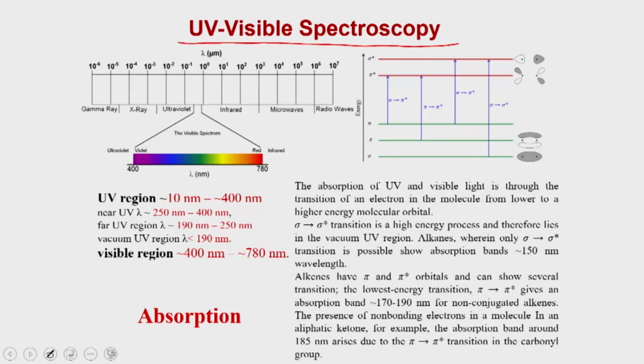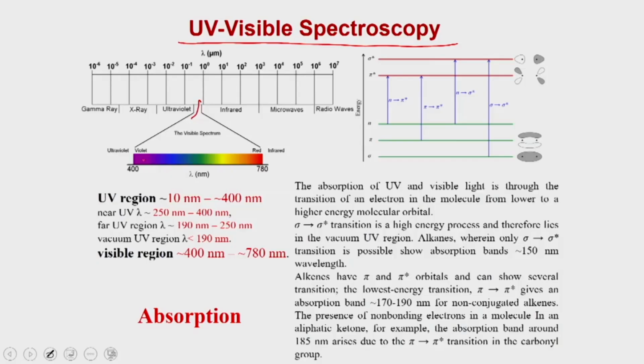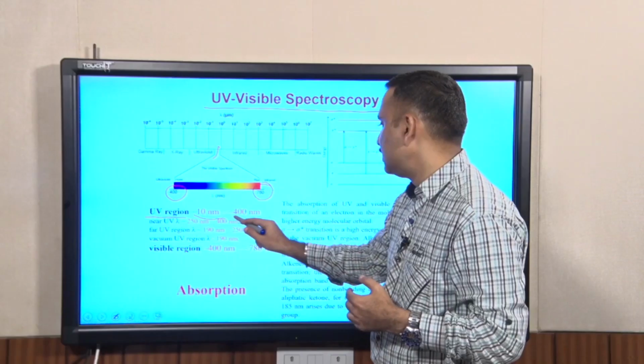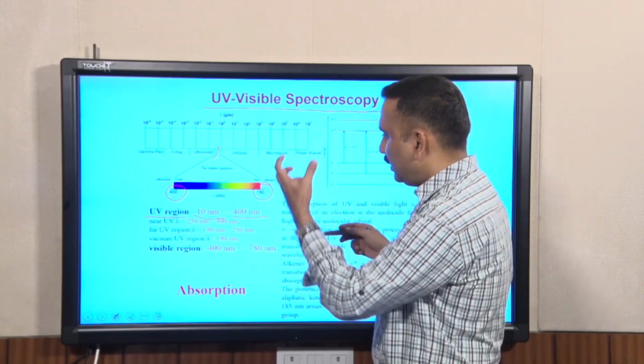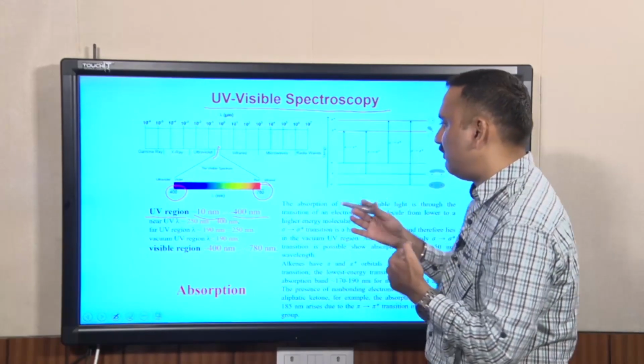So, we first start with UV visible spectroscopy. The visible range starts from 400 to 780 nanometer, and before the visible range you have the UV range, which starts from 10 nanometer to 400 nanometer. This UV range is further divided into three different components.